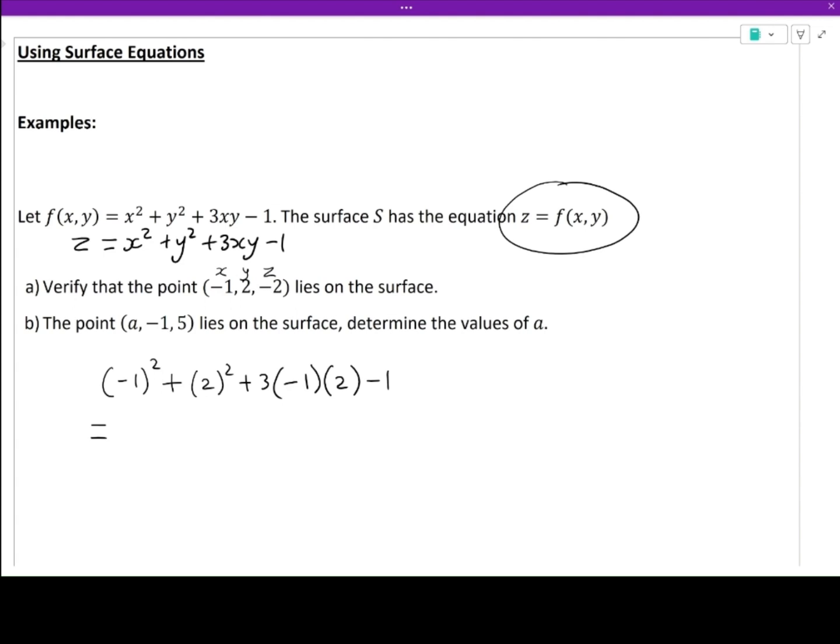So if we go through and do the calculations, we get 1 plus 4, take away 6, take away 1. 1 plus 4 is 5, take 6, take 1 equals -2, which is exactly what I was expecting because z is -2 in this point, which should be on the surface. So therefore, we can conclude that -1, 2, -2 lies on the surface.